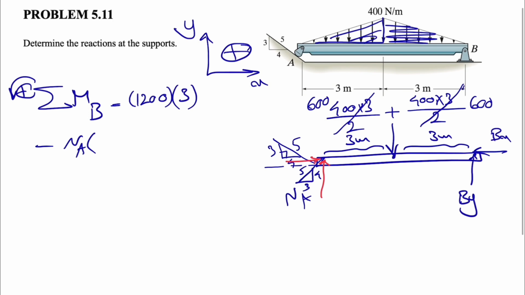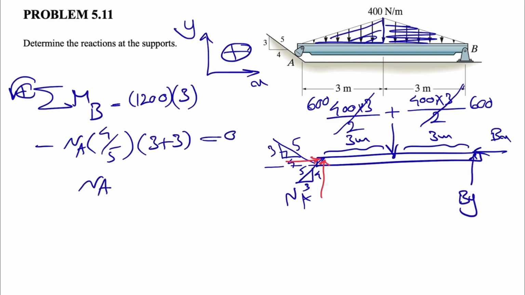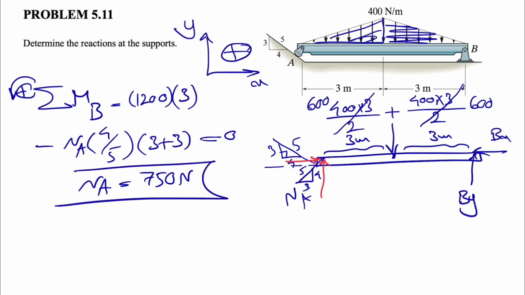So we have NA times 4 divided by 5 times 3 plus 3. From here we can find NA, which will be 750 Newton. And we found the first reaction at point A.